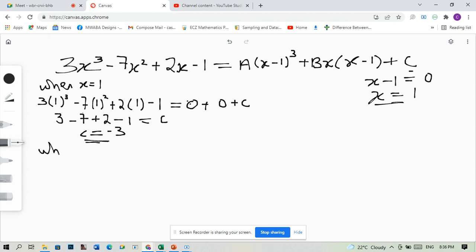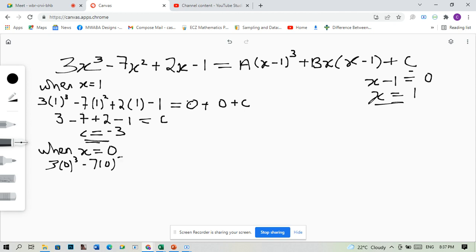So when x equals 0, we have 3 times 0 cubed, minus 7 times 0 squared, plus 2 times 0, minus 1 equals a, open brackets, 0 minus 1, cubed.